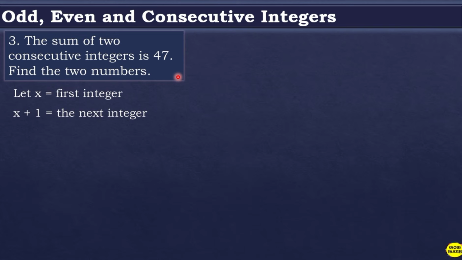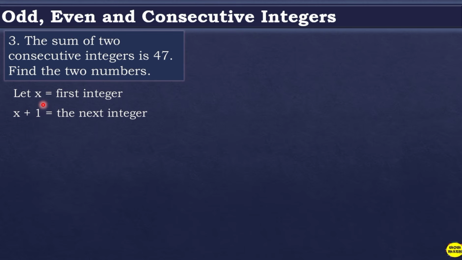So, represent natin. Your x, since hindi natin alam yung number, represent natin as x. Okay. So, this will be represented as your first integer. So, ito ang magiging first integer nyo po. Now, paano mo i-represent yung next consecutive integer niya? So, since kasunod, ibig sabihin magpa-plus 1 ka lang.